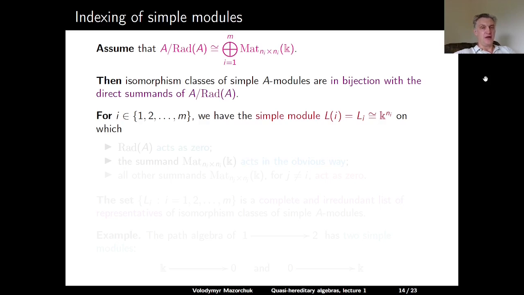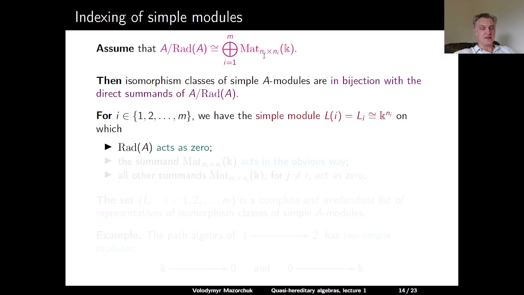In fact, for any value of our index i between 1 and m, we have the simple module L_i, which as a vector space is our field K to the power n_i, and n_i is exactly the size of the i-th summand in our decomposition.